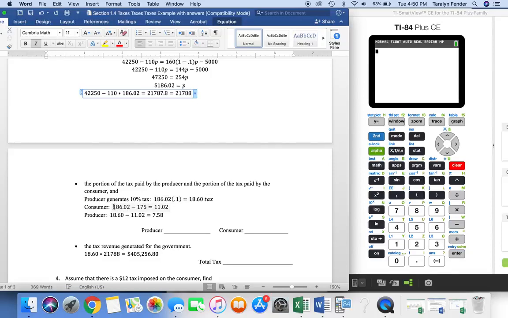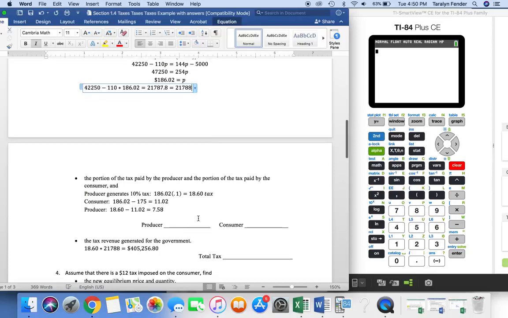So the consumer is paying 186.02 minus 175, so the consumer is going to pay $11.02 of that $18.60 tax. So the producer here will pay $7.58.